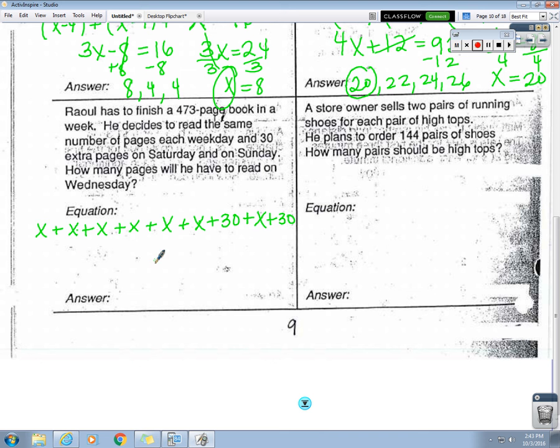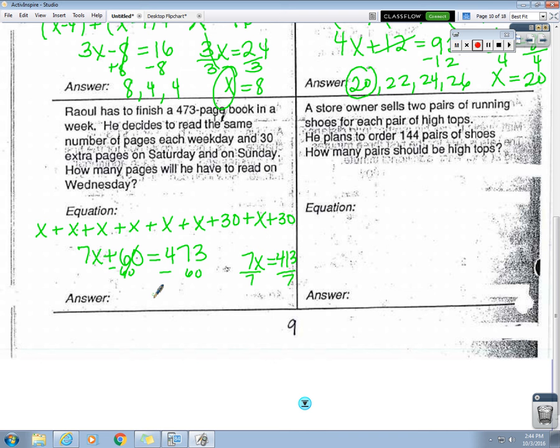So now what does that combine to be? 7x plus 60 for the 7 days a week of reading plus 60 extra pages on the weekend. Equals up to what? 473. Now to solve for x, what do we do? Subtract the 60 on both sides, and that gives us 7x equals 413. And then what do we do on both sides?